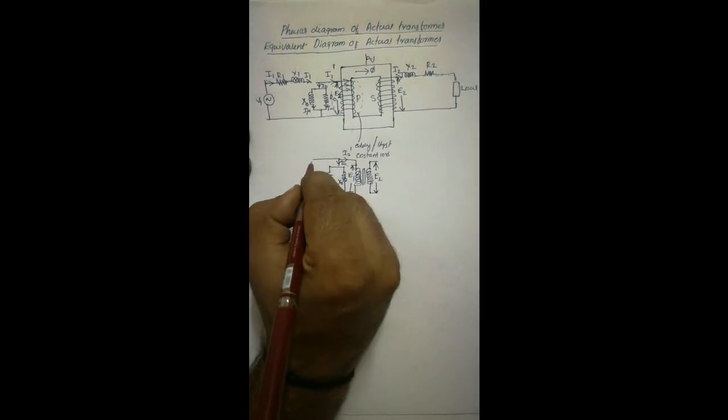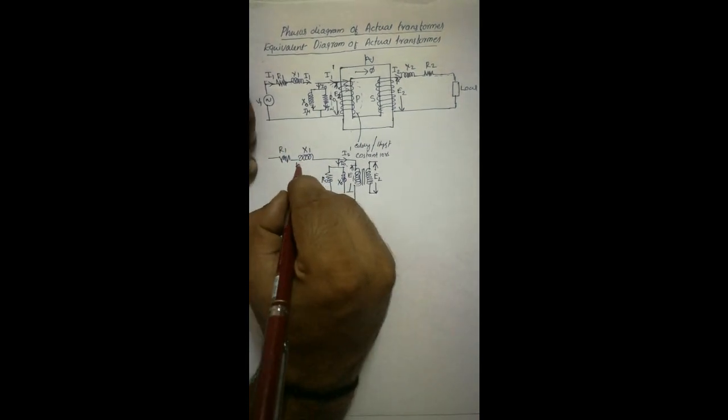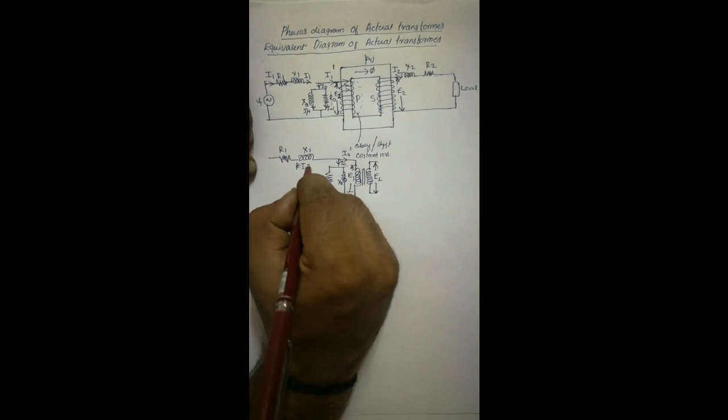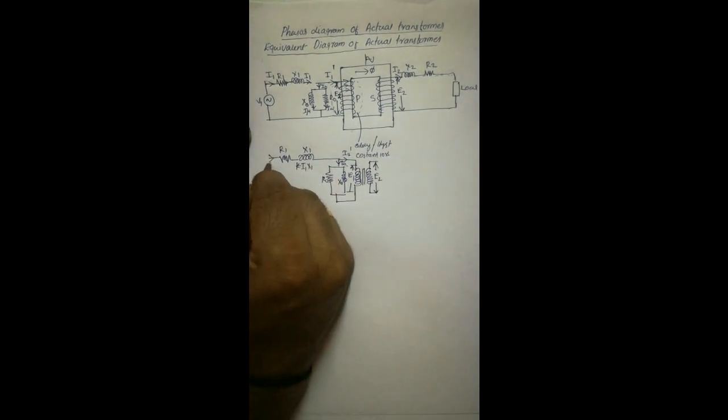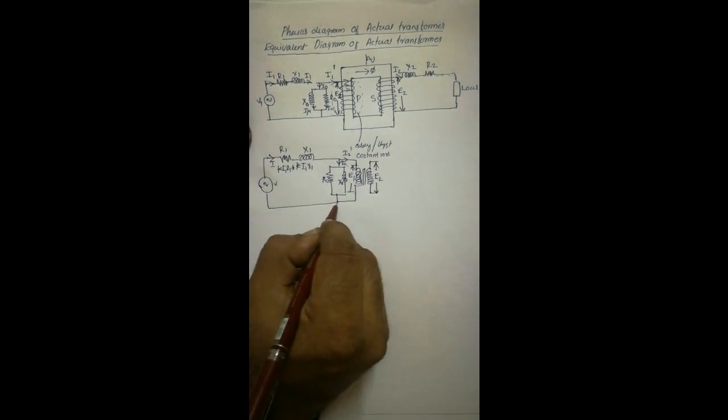Again coming outside, we get X1 and then R1. There is a voltage drop across the inductor, I1 into X1, and across the resistance, I1 into R1. The supplied voltage is V. This is the primary side.